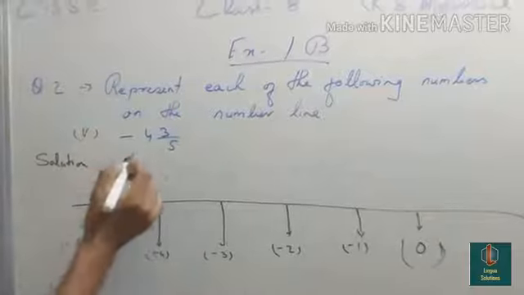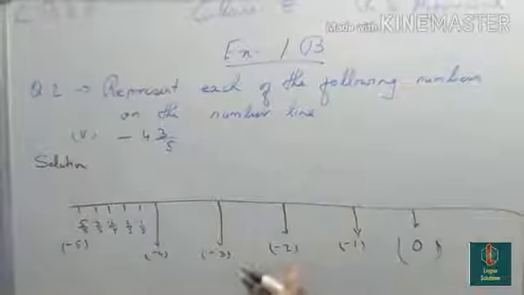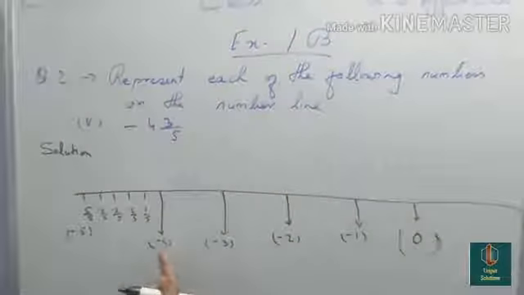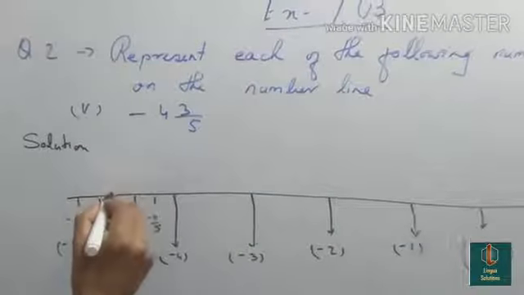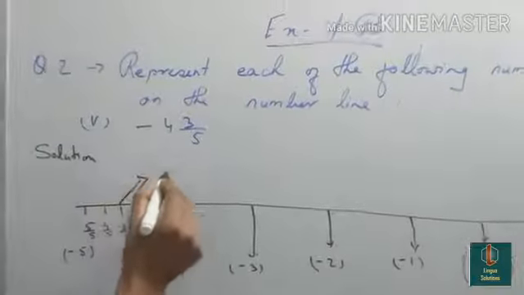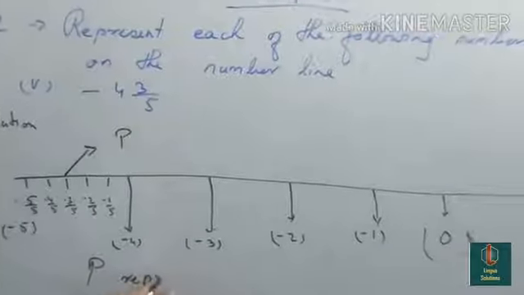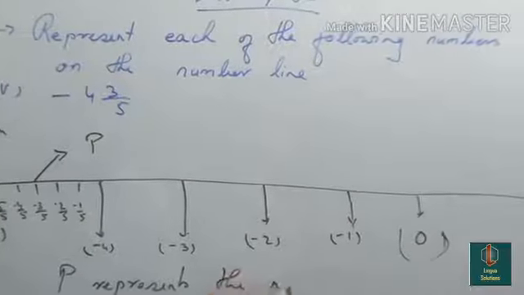Now our number is -4, 3 by 5. So on number line we have marked here -1, -2, -3, -4, and now 3 by 5. It will be here, mark it as P. So P represents the number.